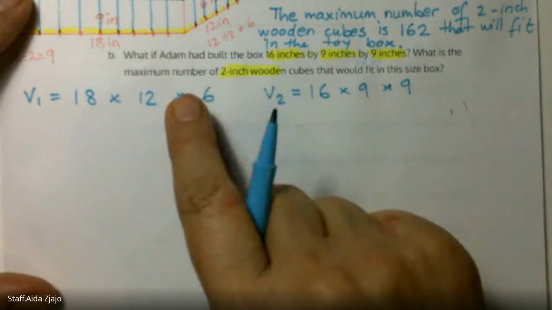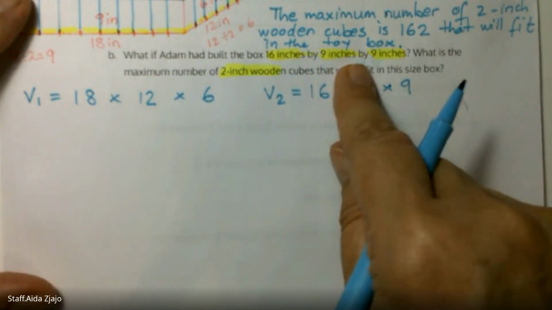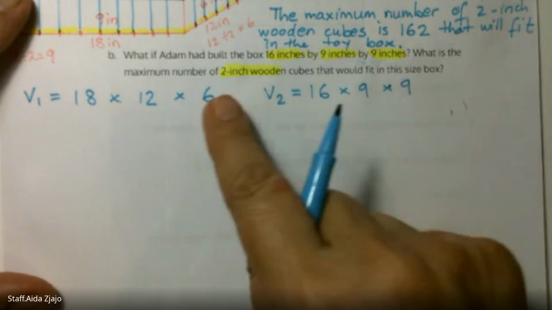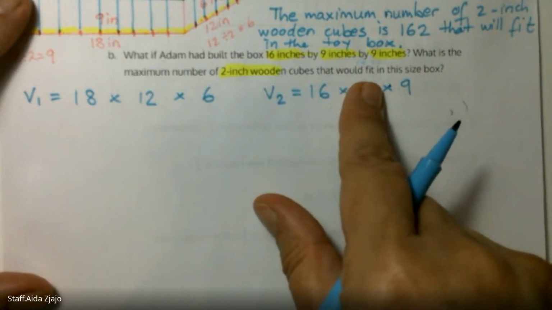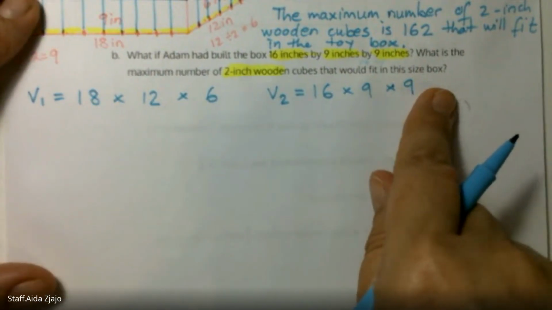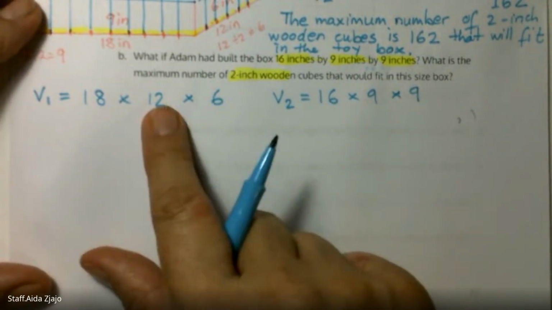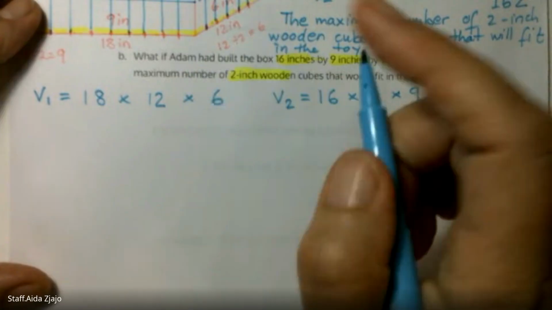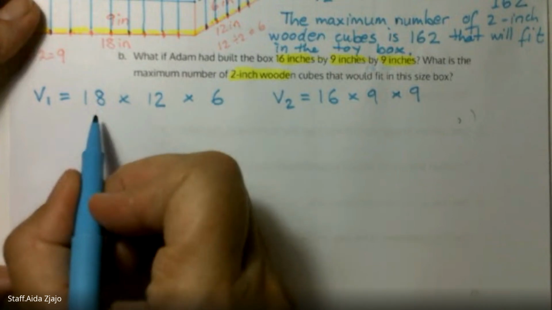What if Adam had built the box 16 inches by 9 inches by 9 inches? What is the maximum number of 2-inch wooden cubes that would fit in this size box? The numbers are different, but let's do the prime factorization.